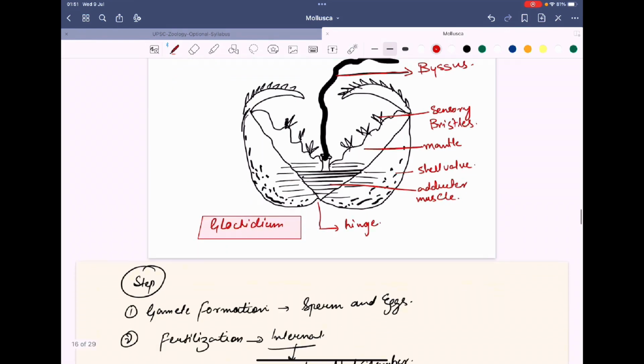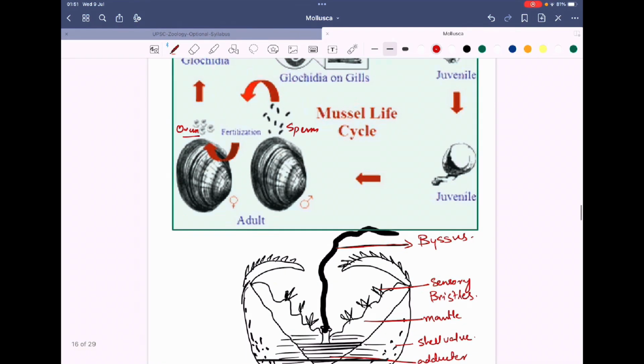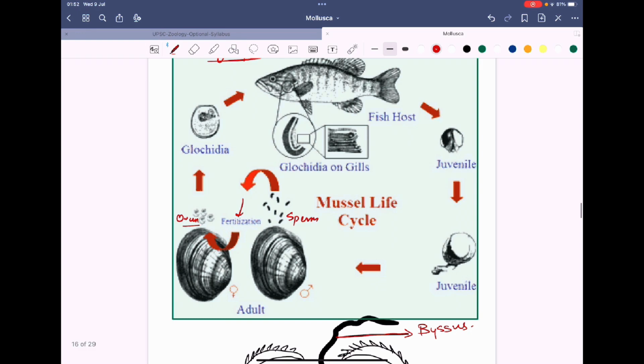First of all, gamete formation takes place, the sperm and eggs, and the fertilization is internal, and it happens in the intrabranchial chamber of the body. So these sperms enter into the intrabranchial chamber of the female, where they fertilize, and after the fertilization, the zygote undergoes development and forms the glochidium larva.